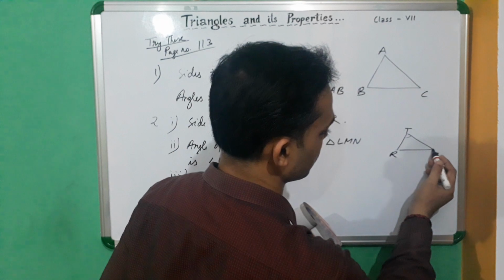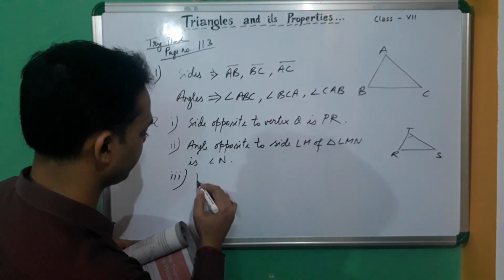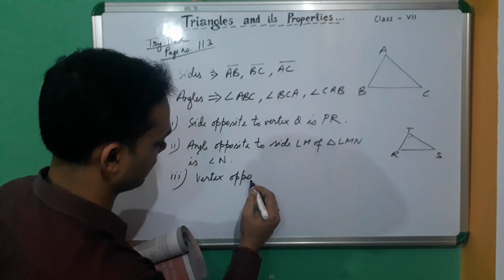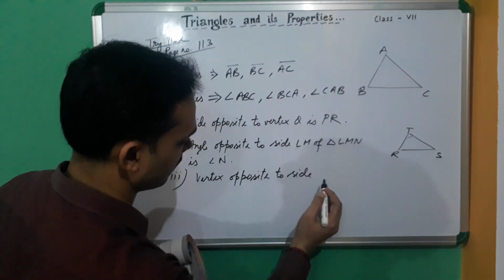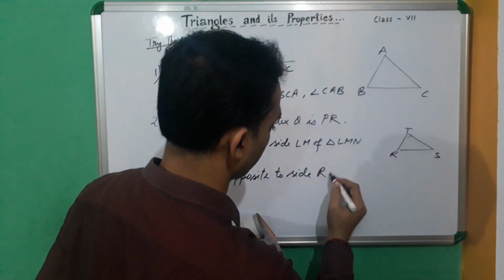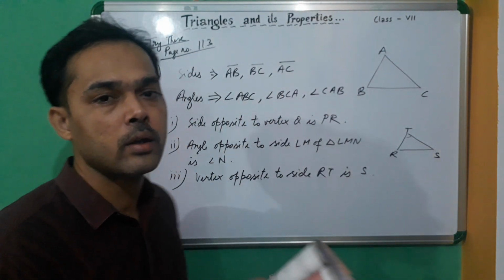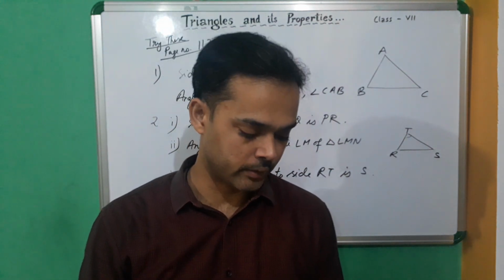So the vertex opposite to side RT will be S. So write down, vertex opposite to side RT is S. Okay, so the vertex opposite to side RT is S over here.